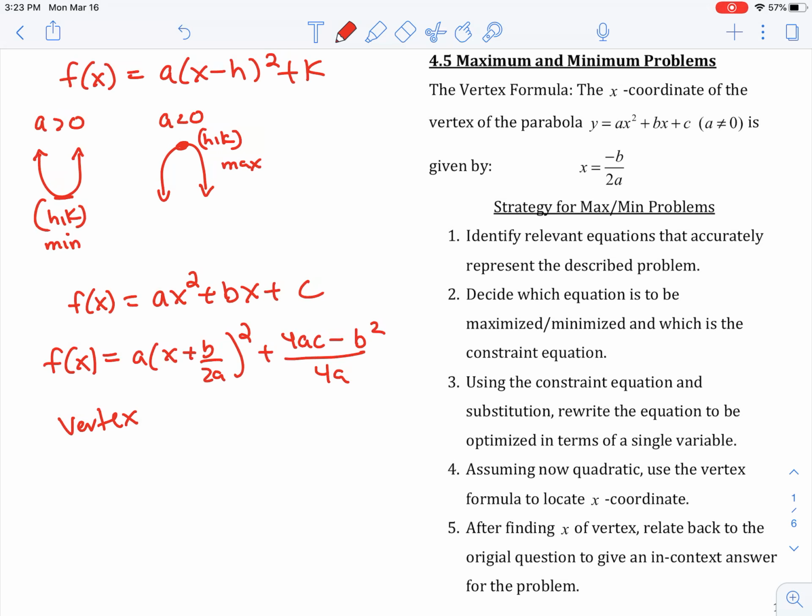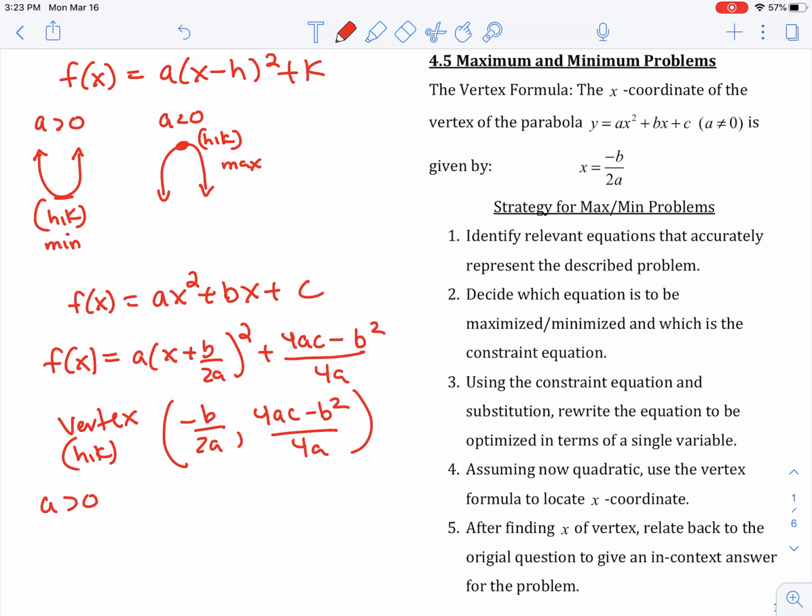And we know that the vertex of that parabola is negative b over 2a, comma, 4ac minus b squared over 4a. That is our (h, k), our vertex there.